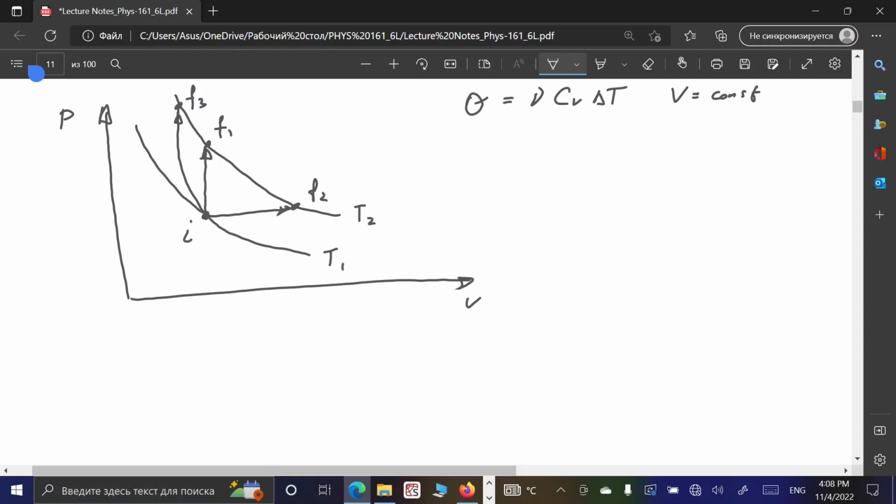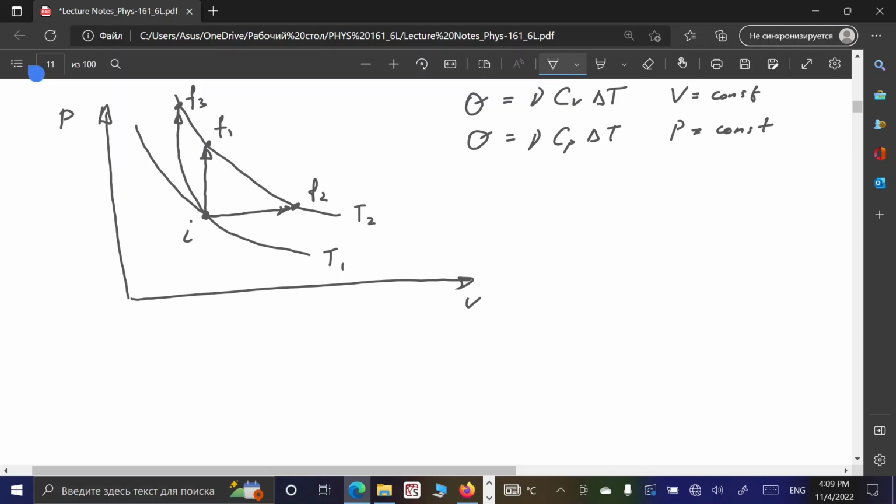So in order to get the amount of heat, we need to multiply this CV by the number of moles and by the change of temperature. Or in other words, CV is the amount of energy needed to be transferred to the system as heat in order to change its temperature by 1 Kelvin if the system consists of 1 mole. And for the other process, we can write nu times Cp times delta T at P equals constant.